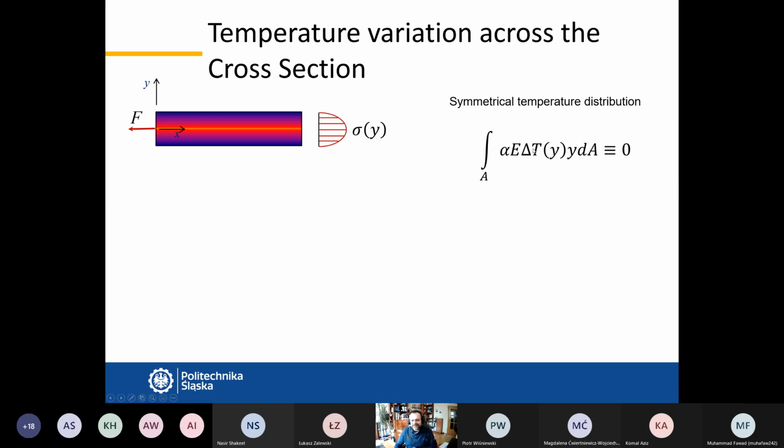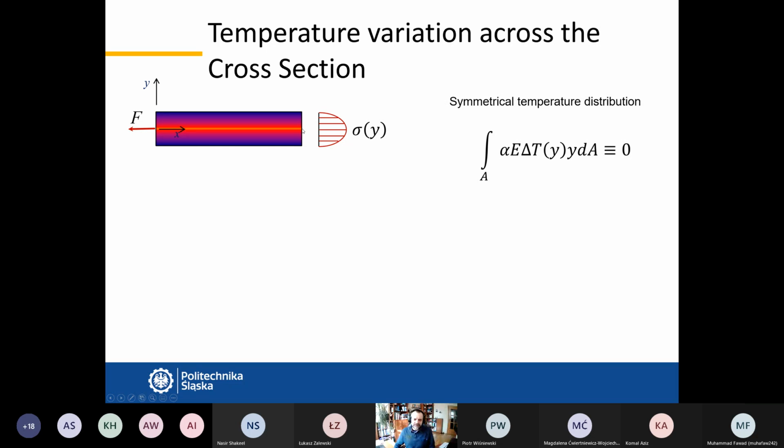So, let's say, not exactly a stress, this is a force generated by the temperature change times distance from A. So this is exactly a moment, a bending moment, which is generated.